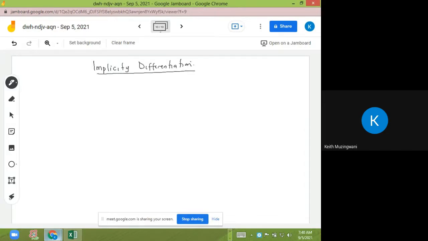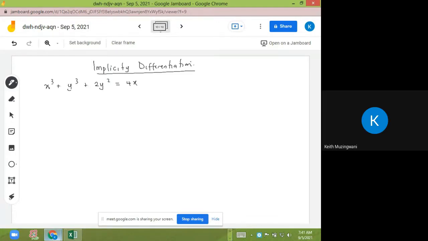If you are given a function x to the power 3 plus y to the power 3 plus 2y squared is equal to 4x.